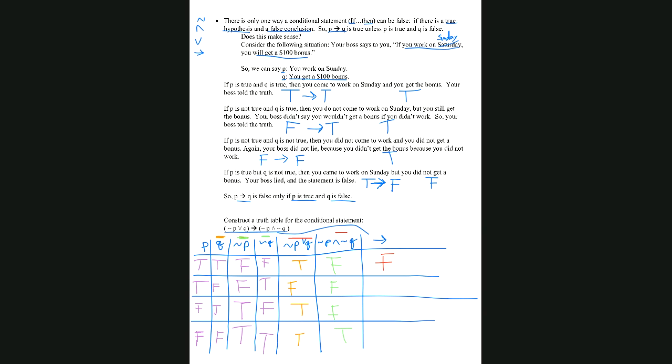Here we have a false false, that's true. Remember, false false is a true statement. True and then false, that's false again. And then true and true, that's true. So that's the truth table for this statement right here.